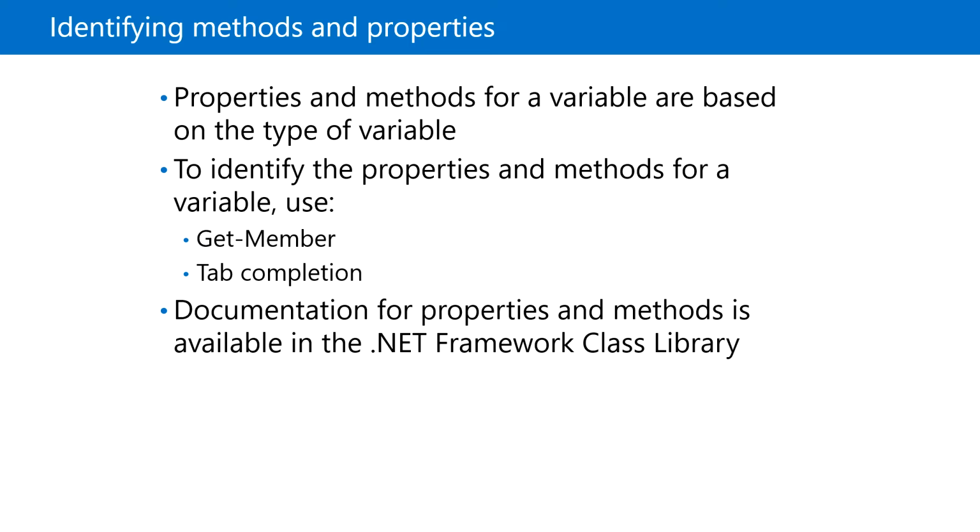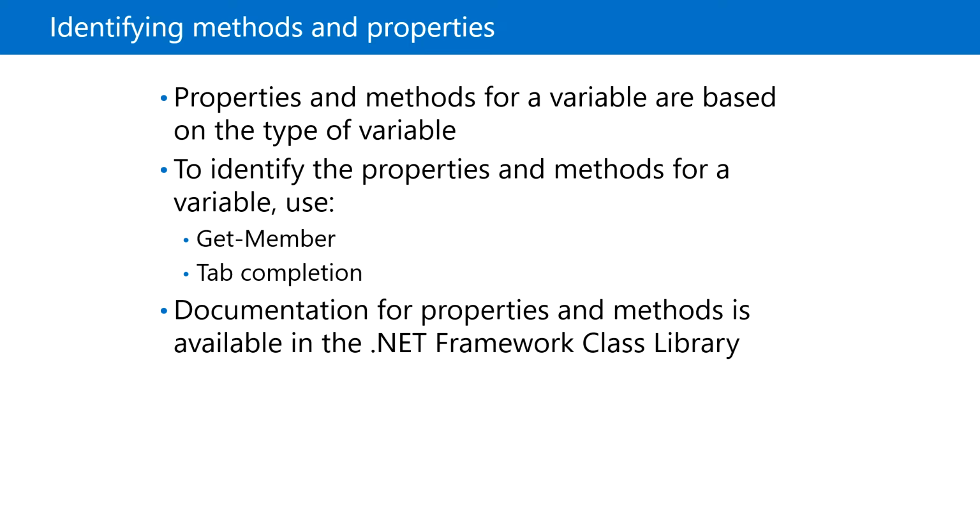As we know, an object will have the properties and methods that we have seen in the previous video. Similarly, variables also have properties and methods, and those will vary depending on what is stored in the variable. For example, if the variable contains an object such as an Active Directory Domain Services user account or any Windows service, then the properties and methods for that variable match those for the object.